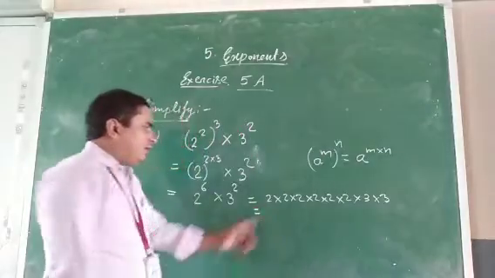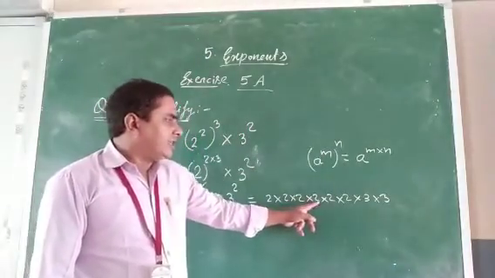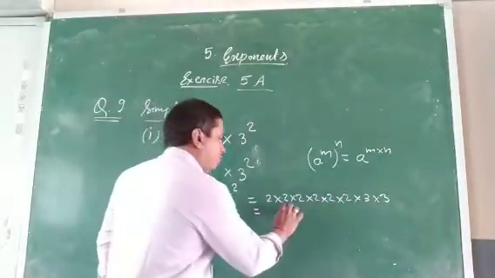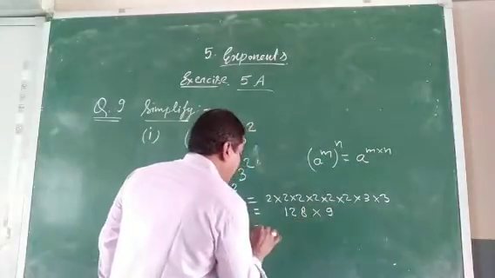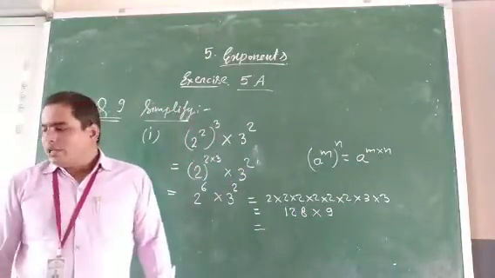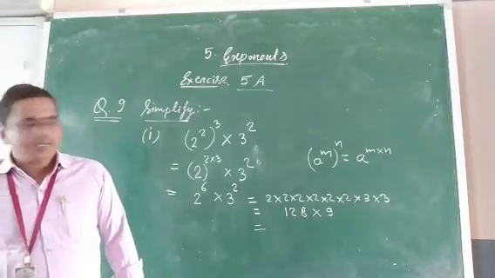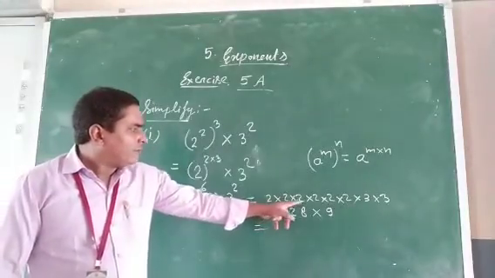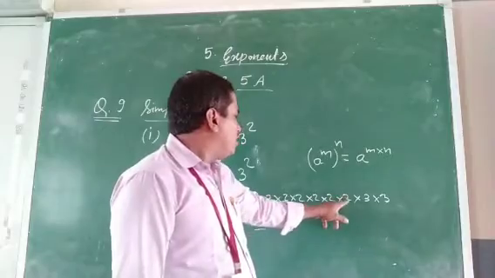Multiply this. 2 twos are 4, 2 fours are 8, 2 eights are 16, then 32, then 64.